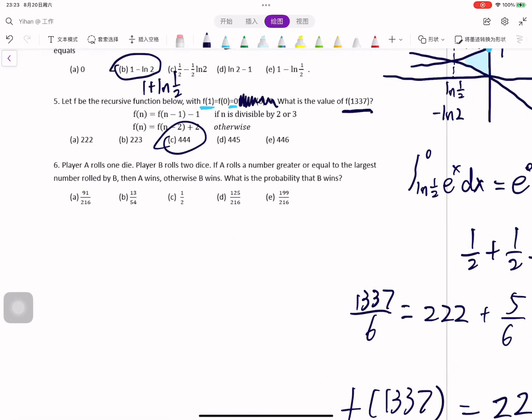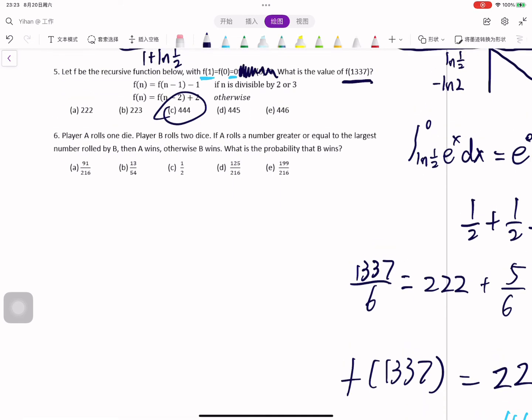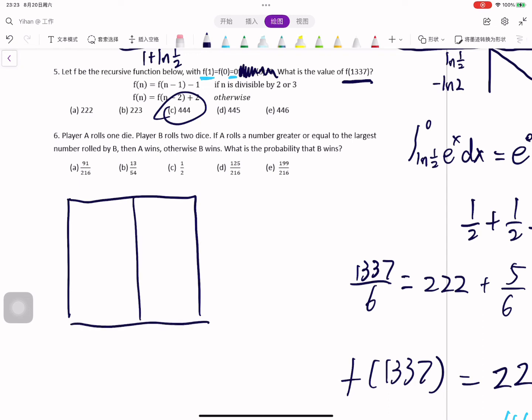Question 6. It says two players are playing a dice, or two dice. We need a form like this.